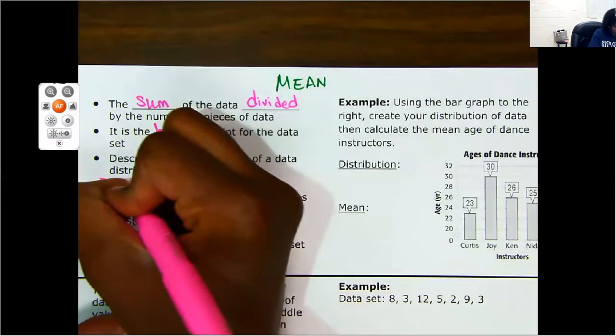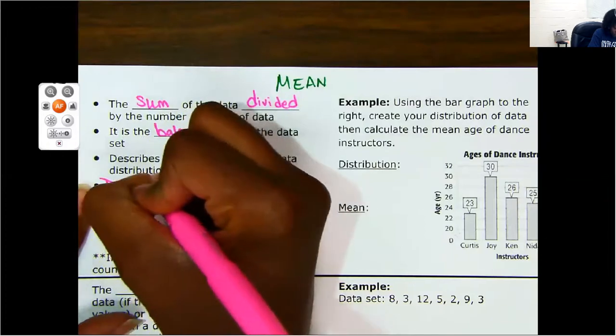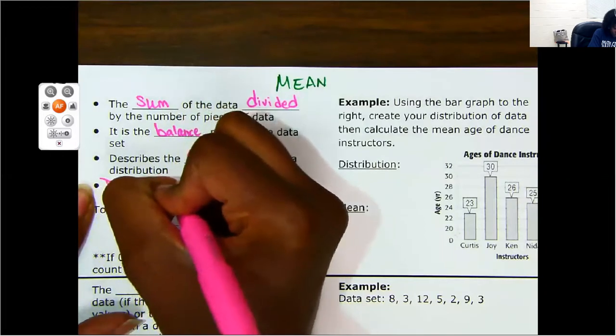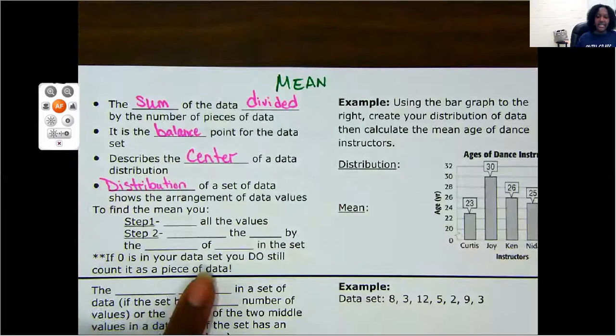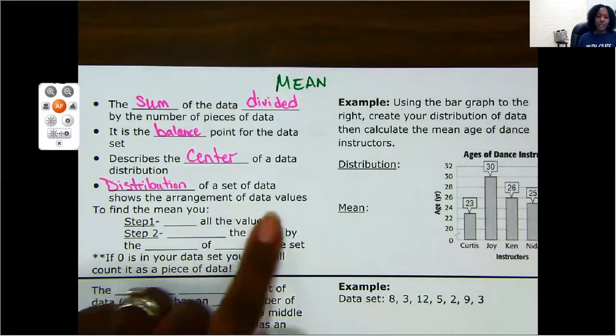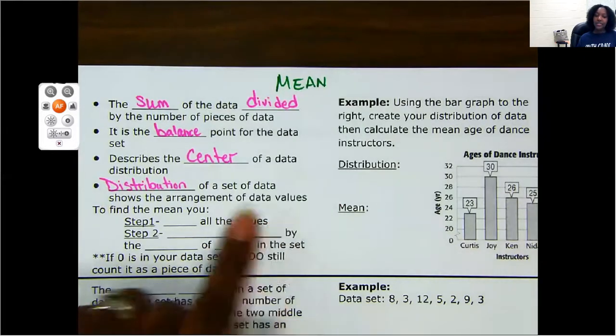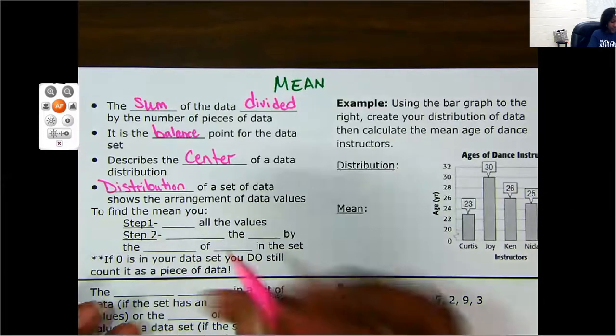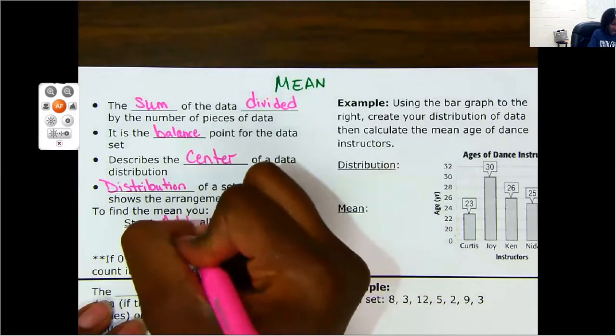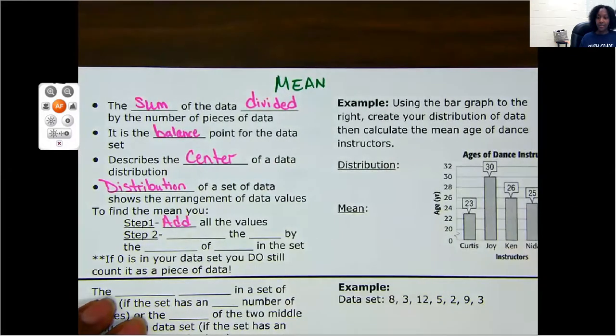Distribution of a data set shows the arrangement of data bodies. To find the mean, you must first add all of the values.